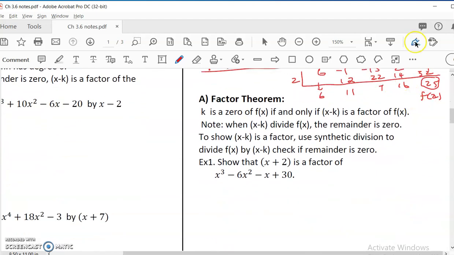The second is the factor theorem. The factor theorem says k is a zero of f of x if and only if x minus k is a factor of f of x. That makes sense, right?